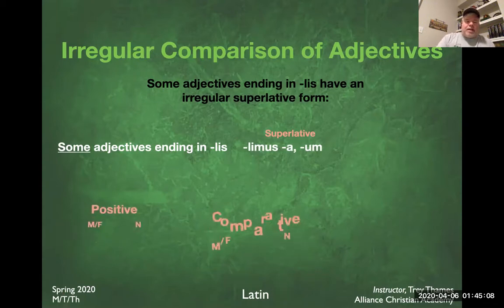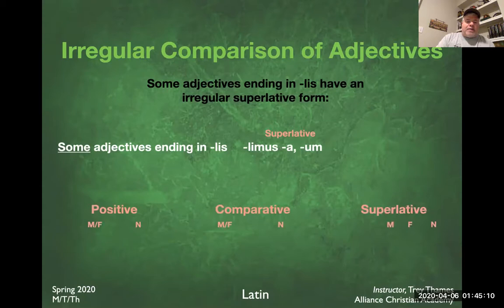We take the adjective, there it is, facilis, facile. Masculine, feminine, it's facilis. In the neuter, it's facile. It means easy. In the comparative form, it's just like you learned last week. You take the stem, facil, F-A-C-I-L, and you add -ior for masculine, feminine, and -ius for neuter.